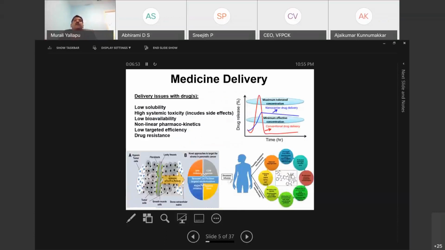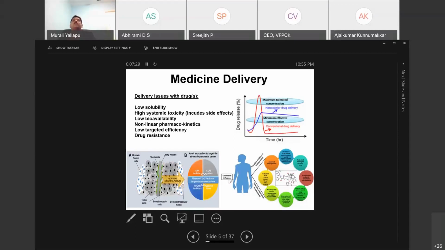And if you talk about the delivery aspect, you all might know that many good molecules that show anti-cancer activity mostly have either low bioavailability or low solubility. On the other hand, maybe they are very hydrophobic, so you won't be able to administer them as such unless you provide a stabilizer or a good delivery vehicle.